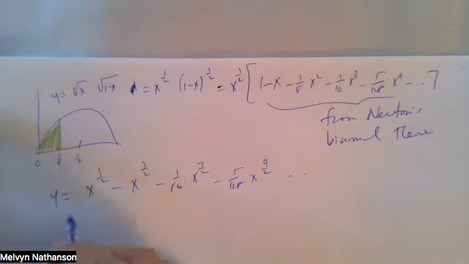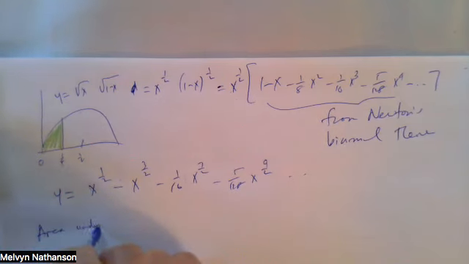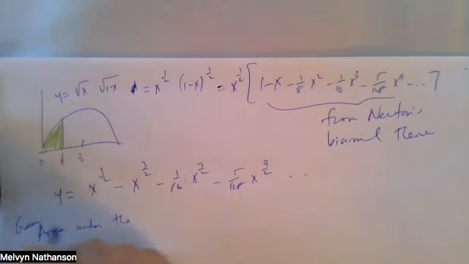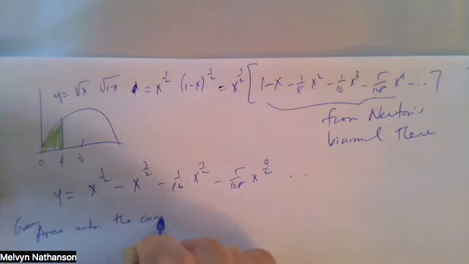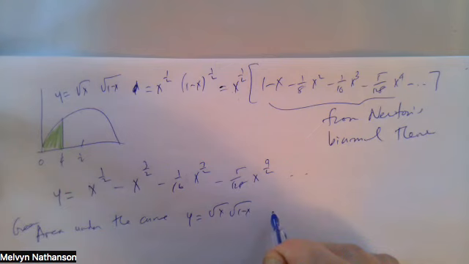So the area under the curve, this is the green area, y equals square root of x, square root of 1 minus x.